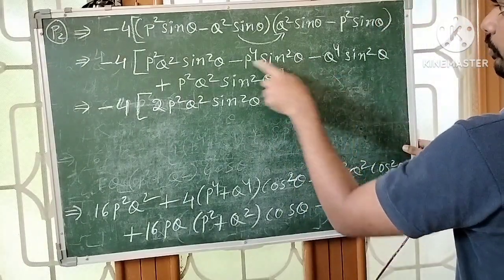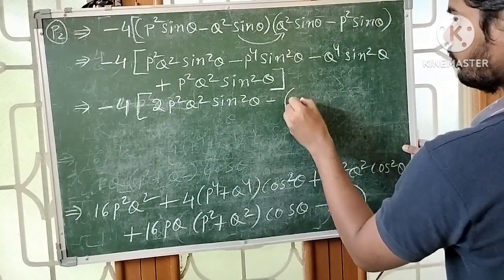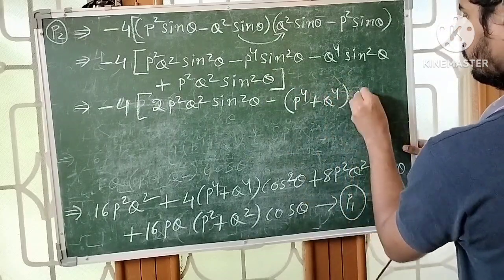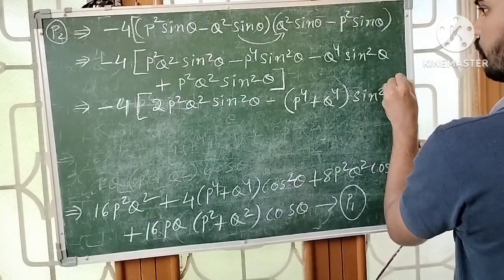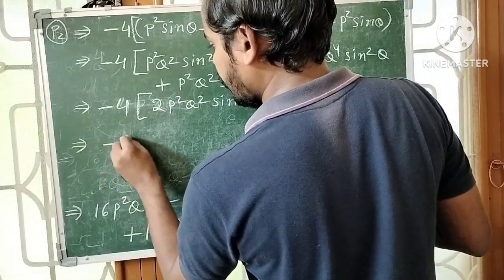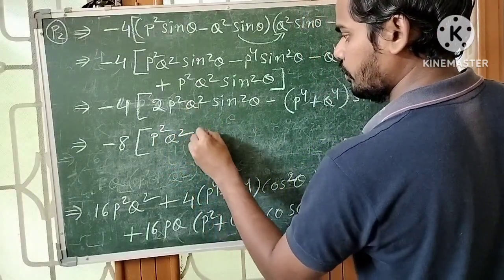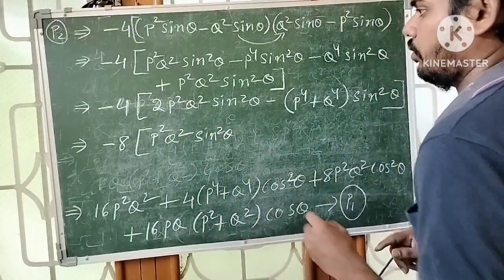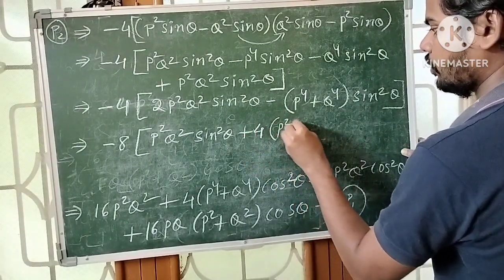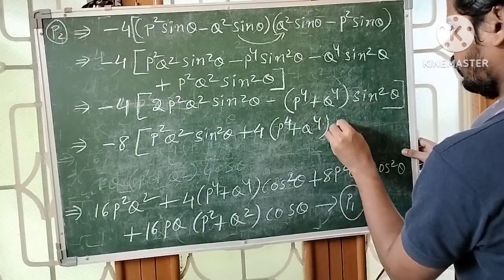Next, here minus, sin square theta common. So you will get p power 4, here q power 4 into sin square theta. Now distribute minus 4. You will get minus 4 into 2, minus 8 p square q square sin square theta, minus 4 into minus, plus 4 into p power 4 plus q power 4 sin square theta.